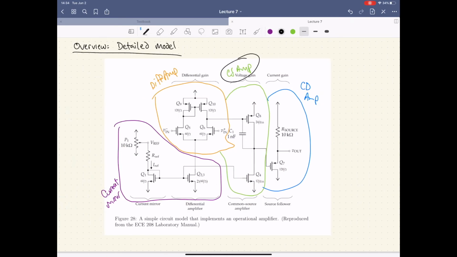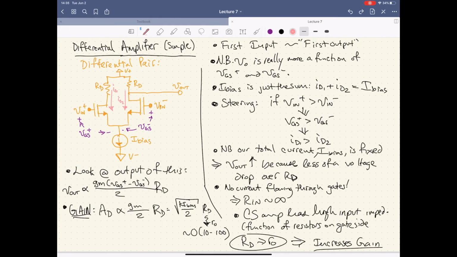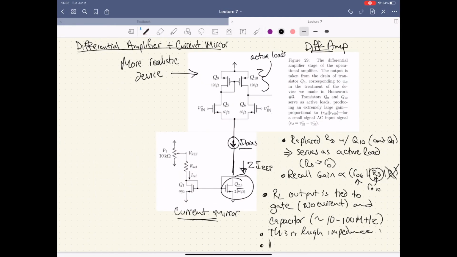And we can see that here, this is coming out, it's running into here, there's no current going through there, and this is only going to pass certain frequencies that are really large. So for most of the stuff that we're doing, this works out pretty well, and our assumptions hold true. But as we'll see later on, different frequencies can cause all kinds of issues for us. So different frequencies cause different behaviors. So we say that RL is approximately infinite.